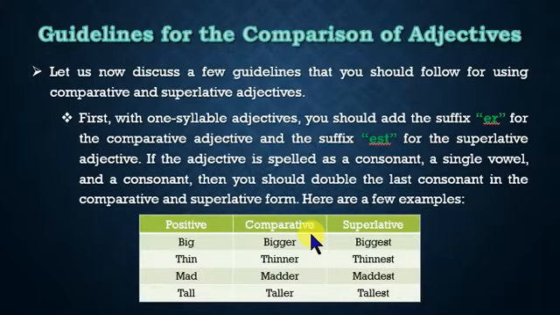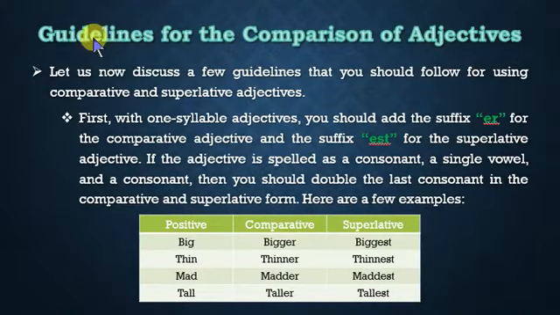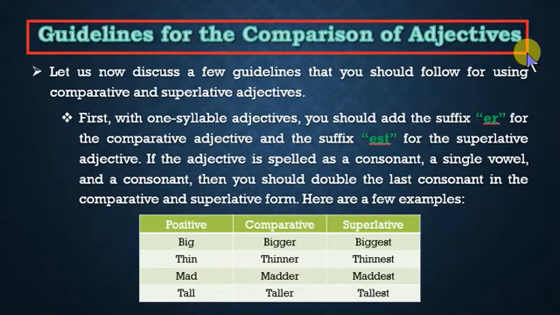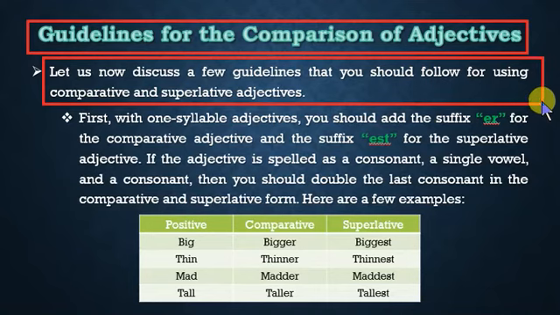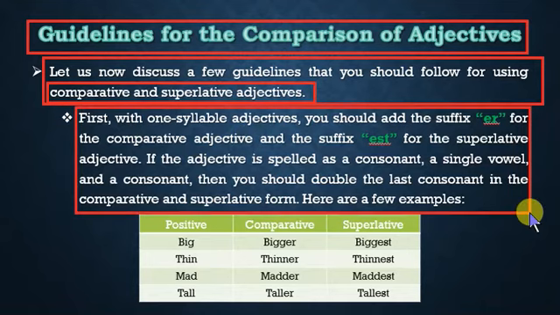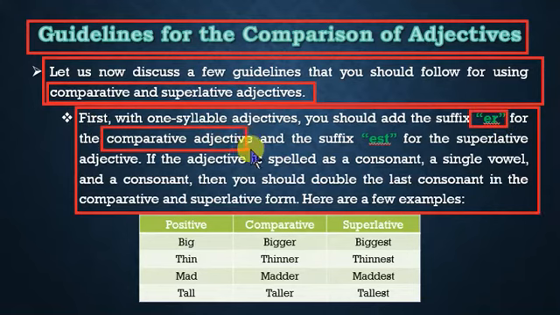So now, guidelines for the comparison of adjectives. Let us now discuss a few guidelines that you should follow for using comparative and superlative adjectives. First, the one-syllable adjectives. You should add the suffix er for the comparative adjective and the suffix est for the superlative adjective.